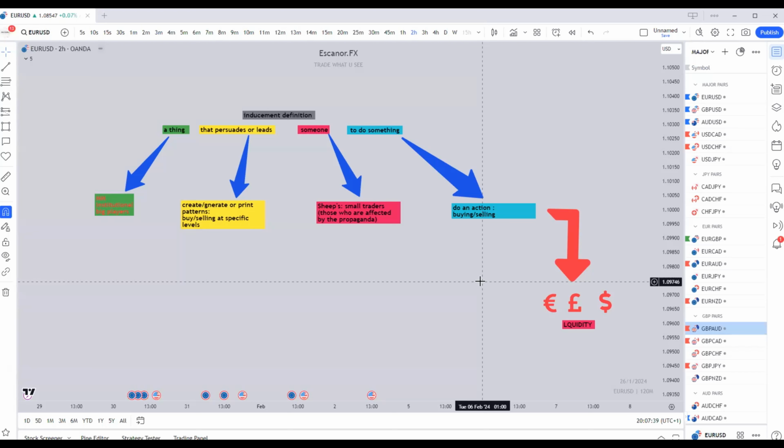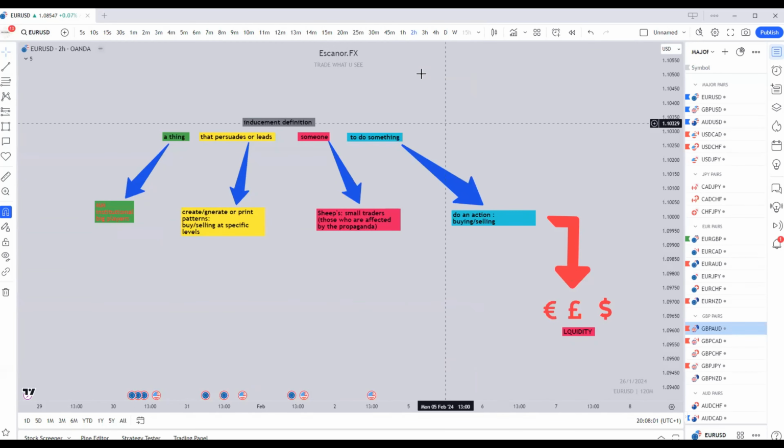I know those patterns are liquidity, but we're going to talk about a specific point where they are actually inducement, or liquidity inducement, where we induce or trap traders into setting their stop losses at those specific levels.